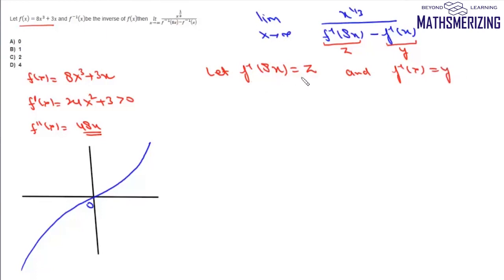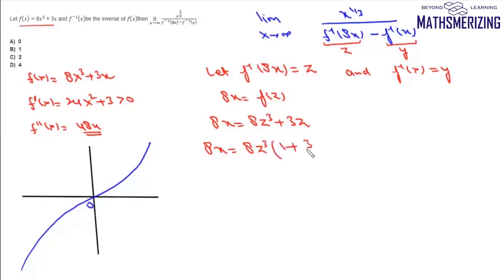Now we can write f inverse of 8x equals z as 8x equals f(z). Now what's f(z)? f(z) will be 8z cube plus 3z. So we can write this as 8x equals 8z cube plus 3z. Now we'll take 8z cube common. So we'll write 8x equals 8z cube (1 plus 3 by 8z square).